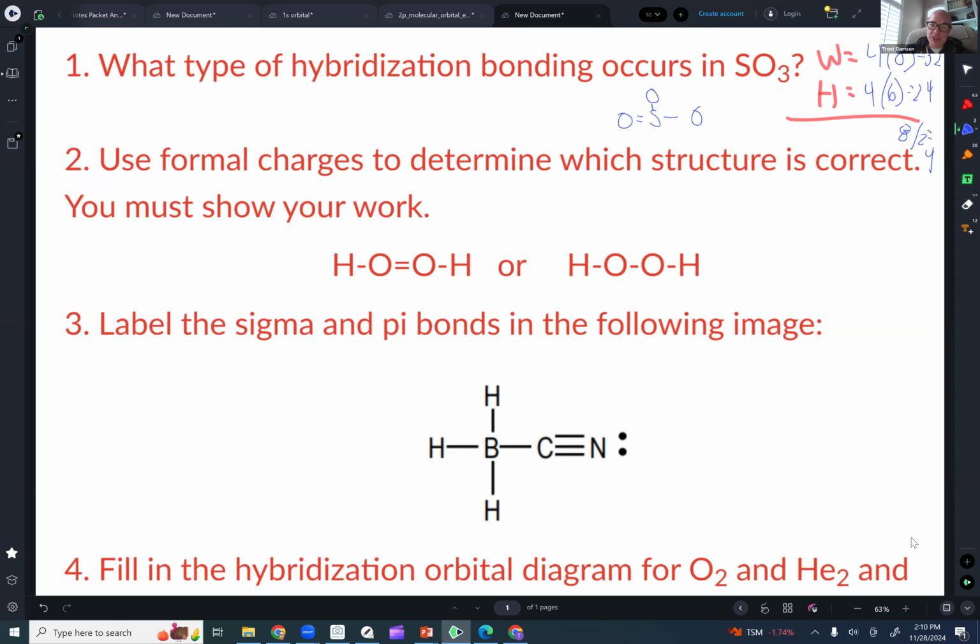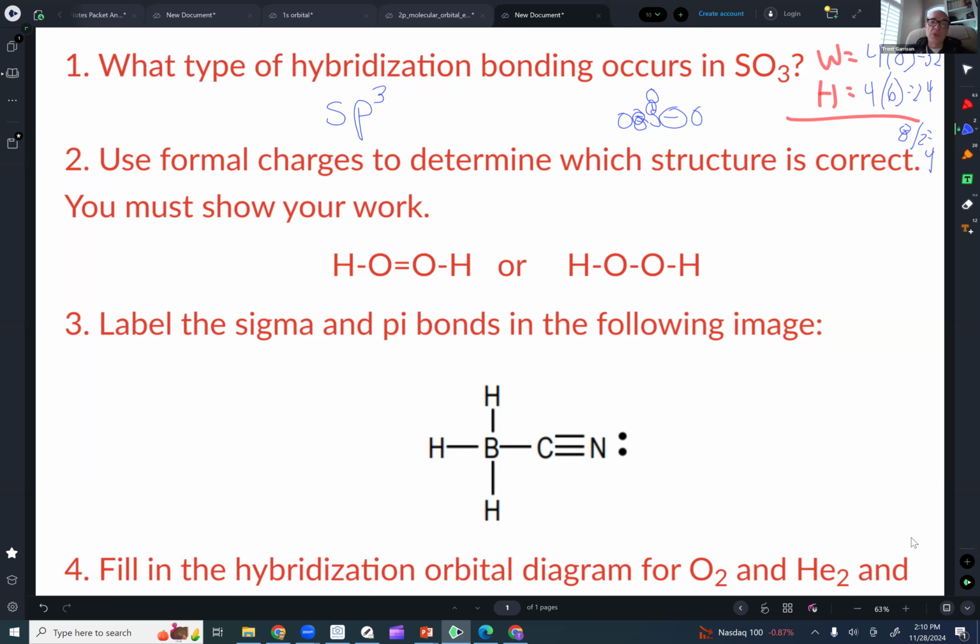Now, the type of hybridization is that you got to count those number of bonds, and the first bond is always an S, and then you would have a P. So I would have one S, I would have one P, here's a second P and a third P. So we would have sp3 as the type of hybridization. So it's just a matter of counting them and then kind of going back to what we did with the electron configuration. So that's where the hybridization occurs for this type of bond.